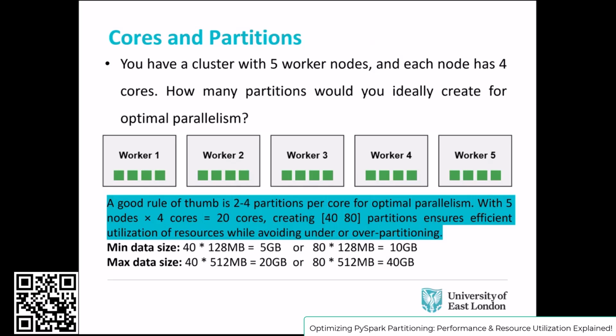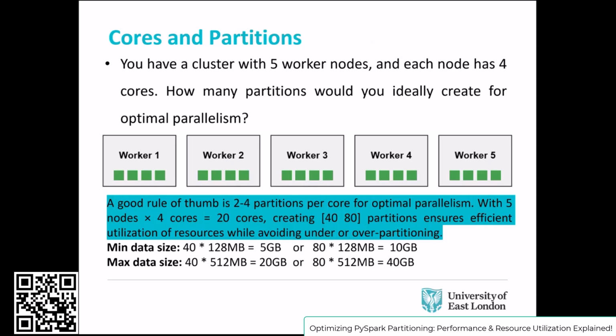It means if you have minimum 5 gigabytes of data, all right. And if you want to go with 128 megabytes as a default size, or if you want to go with 512 megabytes for each partition, minimum 40 partitions, maximum 80, guys, it means that in this case, the minimum data size is 5 gig, the maximum data size is 40 gig.